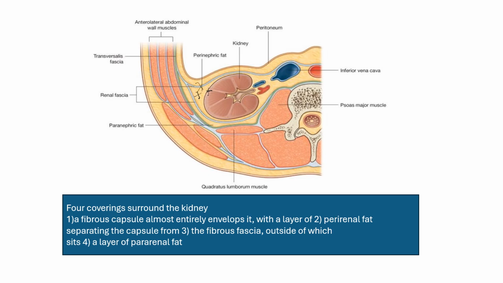And the fibrous fascia puts a separation between two types of fat, the perinephric fat and the pararenal or paranephric fat. So we have four layers: the capsule immediately attached to the kidney, and the perinephric fat, and the fibrous fascia, and the paranephric fat.